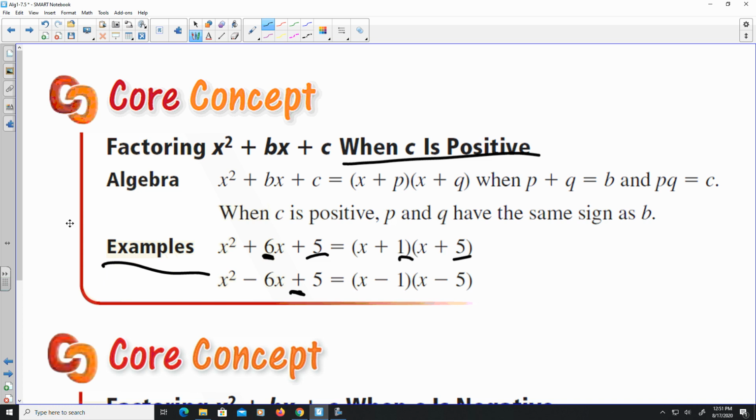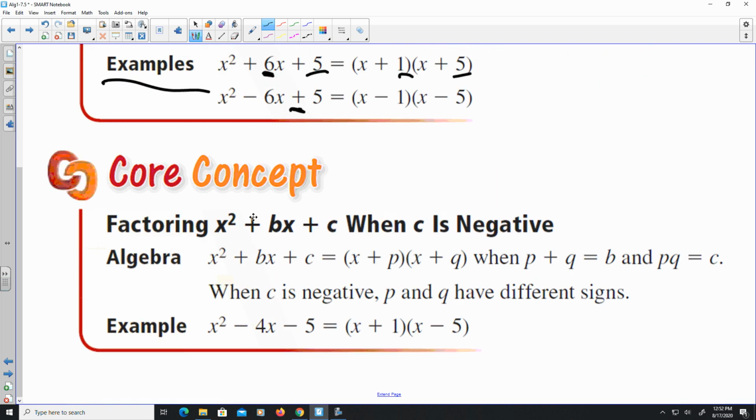That is why in this example you have 1 and 5 placed where they are, because 1 plus 5 is 6 and 1 times 5 is 5. Same thing goes for that second example. Even though they're minuses, the question you have to ask yourself remains the same. What two values give me a sum of 6, but a product of 5? And it's still 1 and 5.